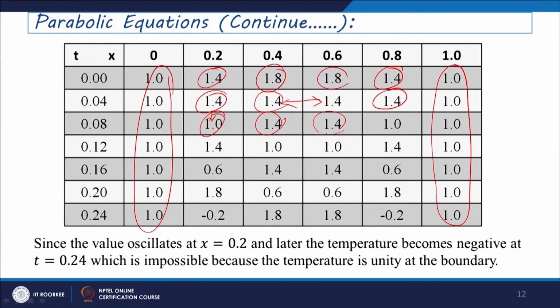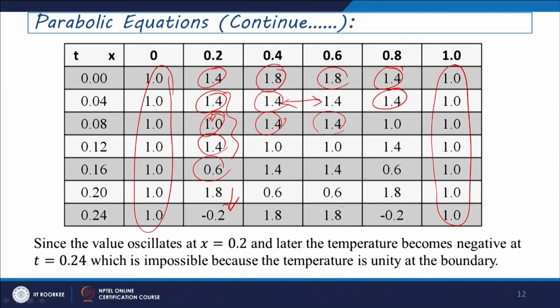So at the 0.16 level you will see it is again decreasing, and at the 0.12 level you will see it is again increasing. So, this represents an oscillating profile here, and whenever we proceed after this 0.20 level, we can find that this is going to a negative level here.